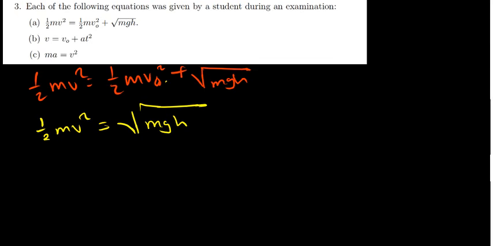Okay, so we know that this one is going to give us what? It is the mass, so it's going to be mass, kilograms, times velocity, meters per second.